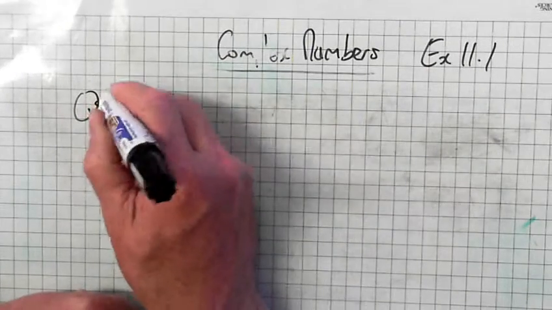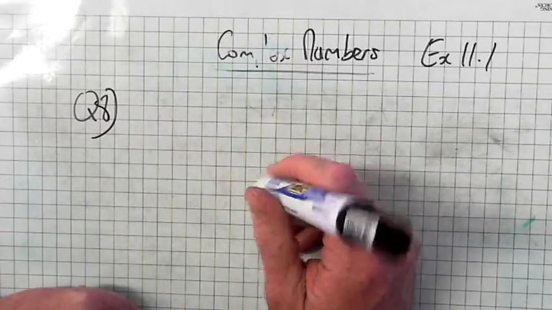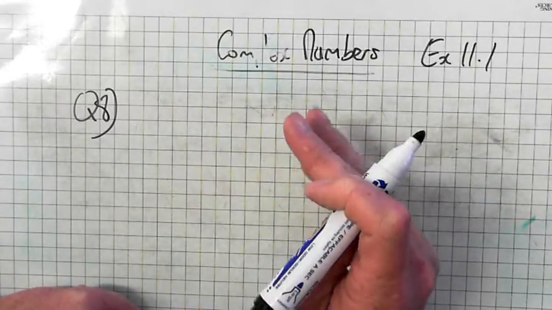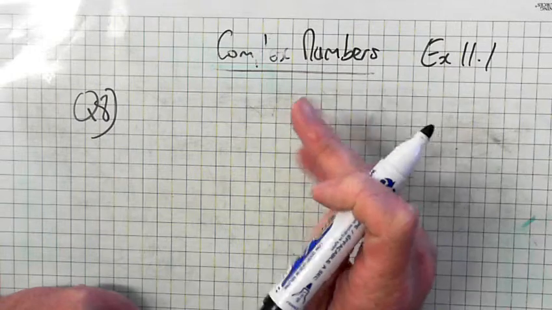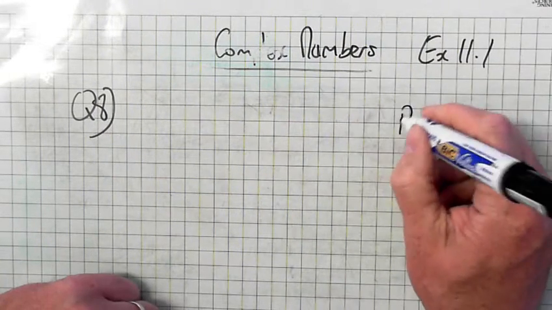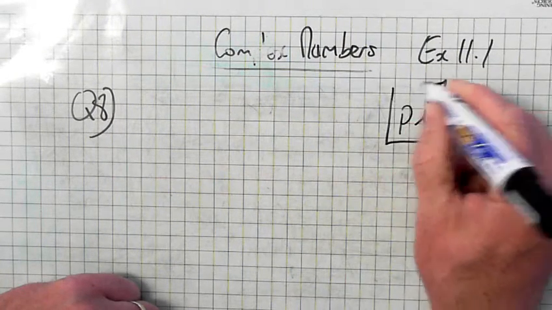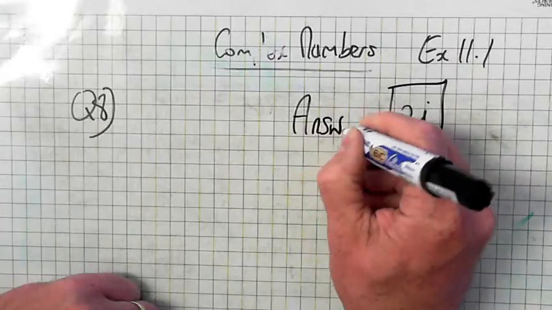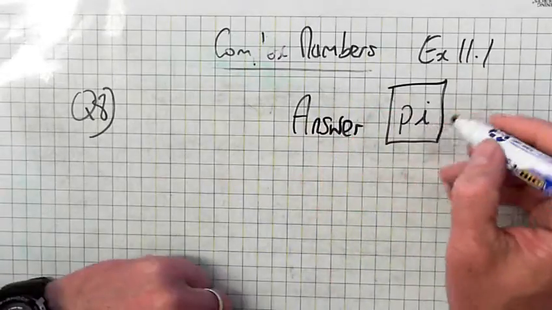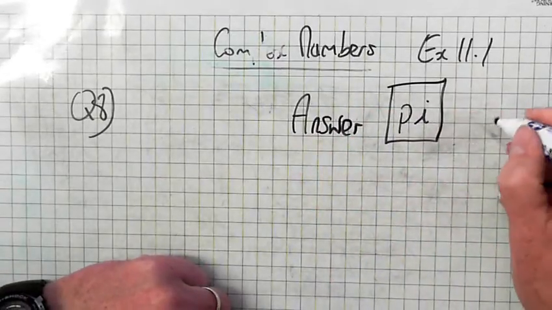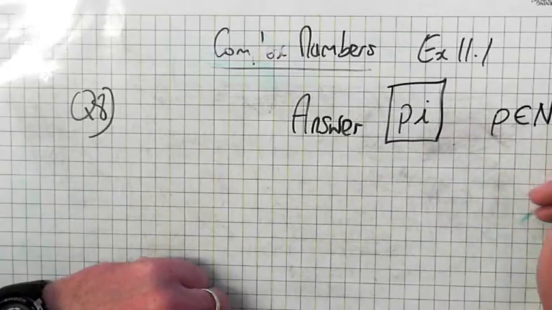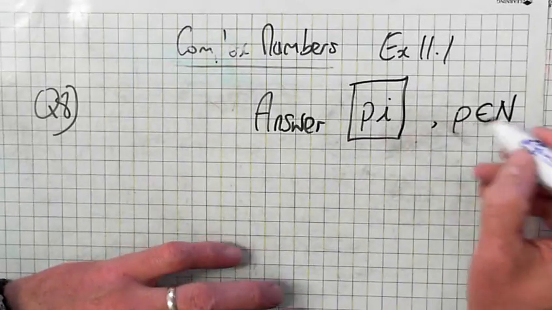Right, question 8. Simplify the following and give your answer in the form p i, where p is an element of N. P is just a number. What are natural numbers?